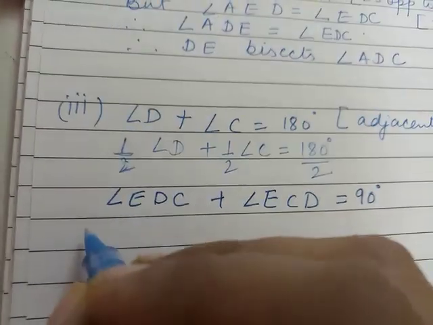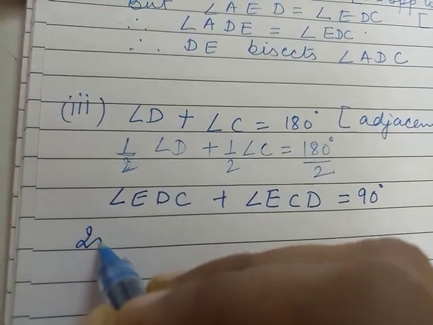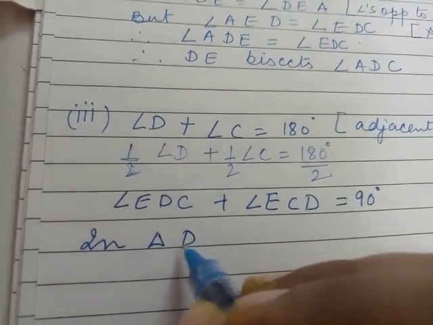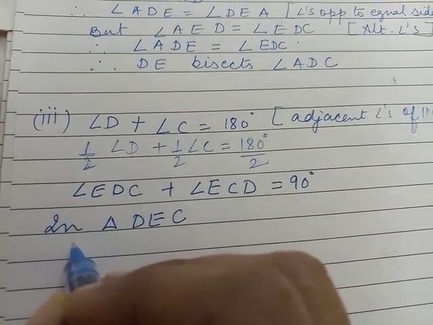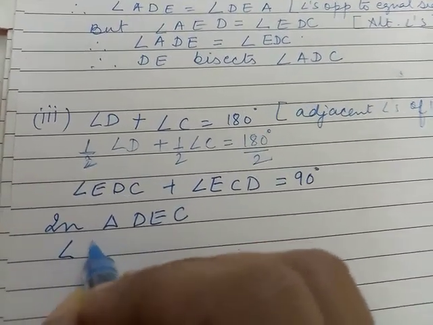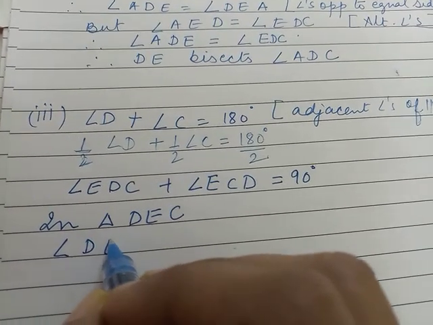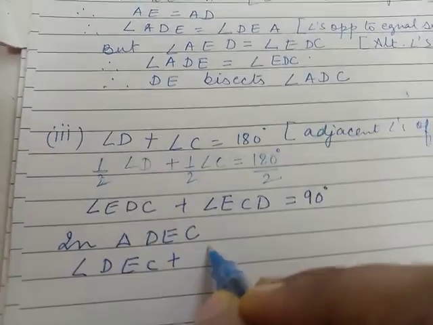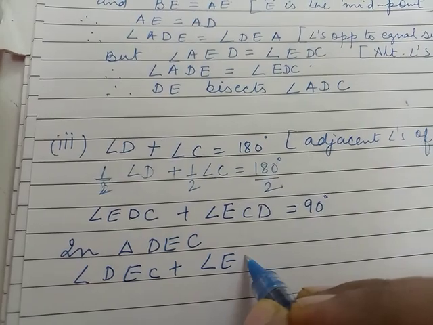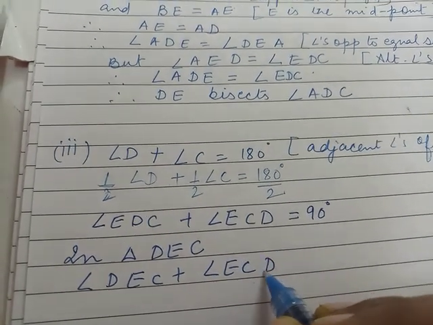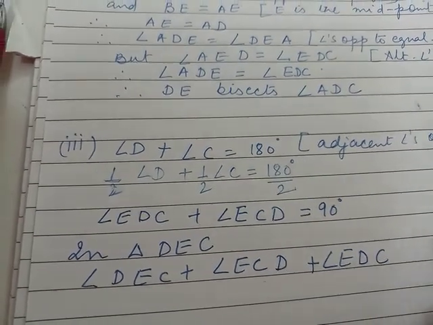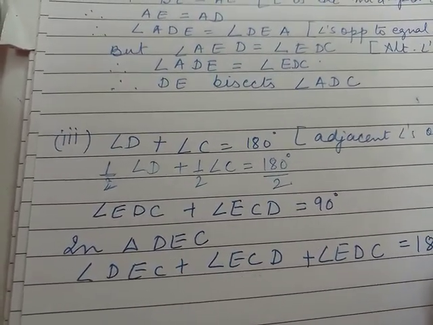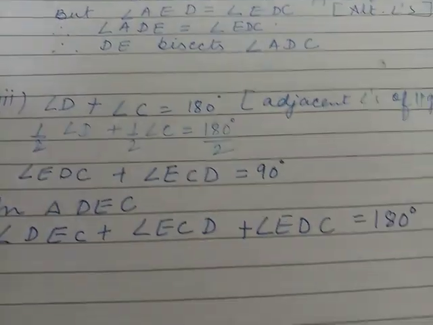Now which triangle am I going to consider? In triangle DEC, angle DEC plus angle ECD plus angle EDC is equal to 180 degree. Reason, angle sum property.